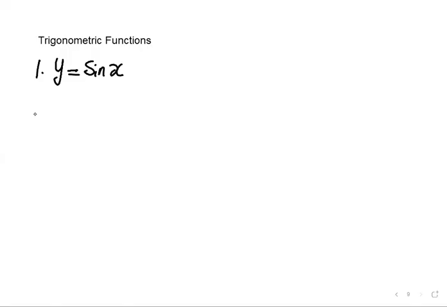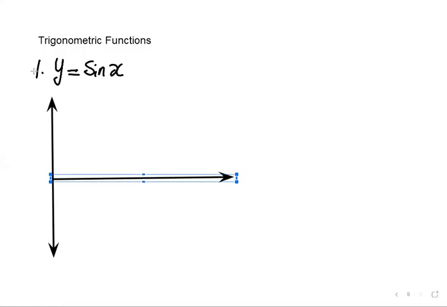Now if they want you to draw the sine graph, this is what you are going to do. You're going to plot it like this, and in most instances they will give you a restriction, ne?